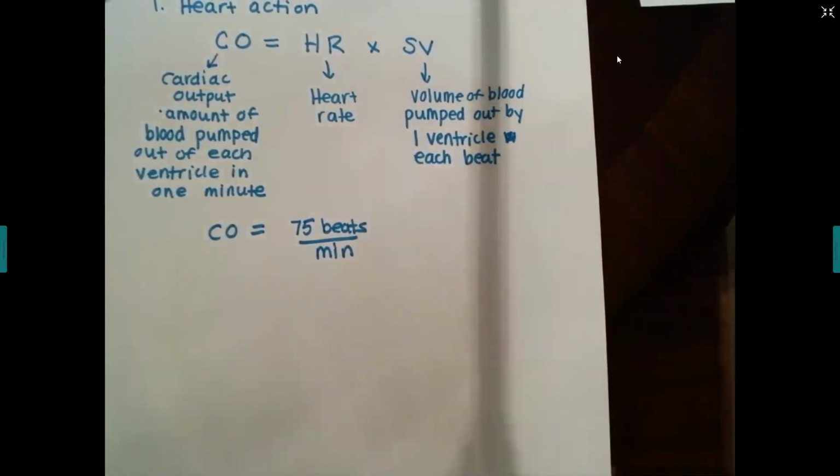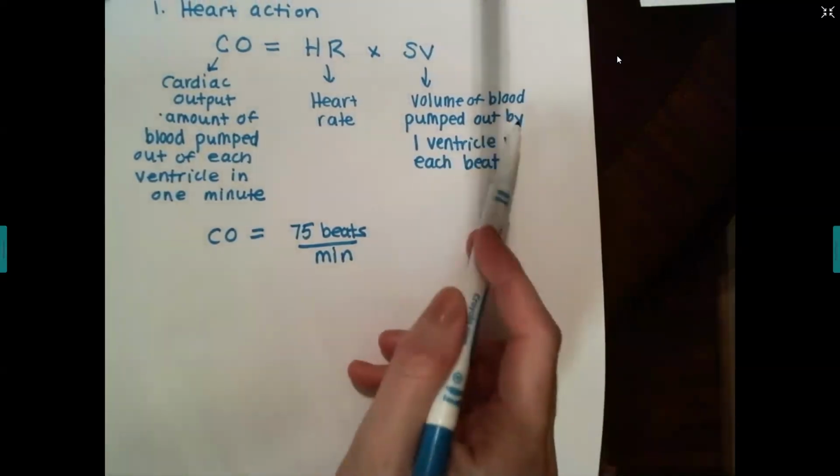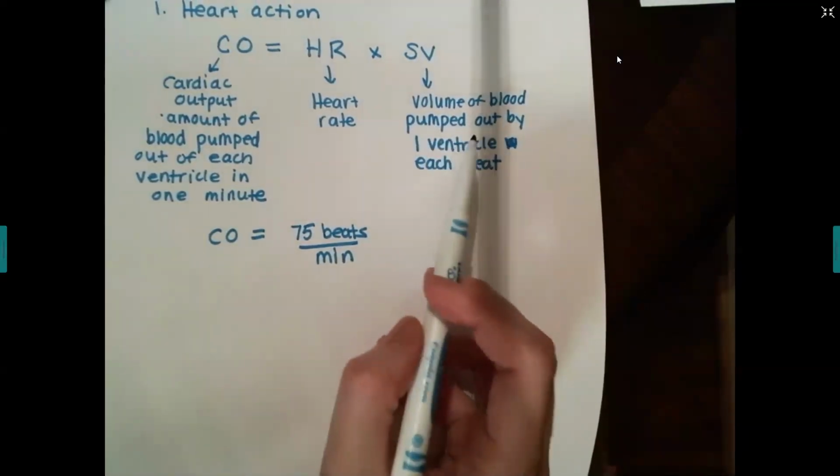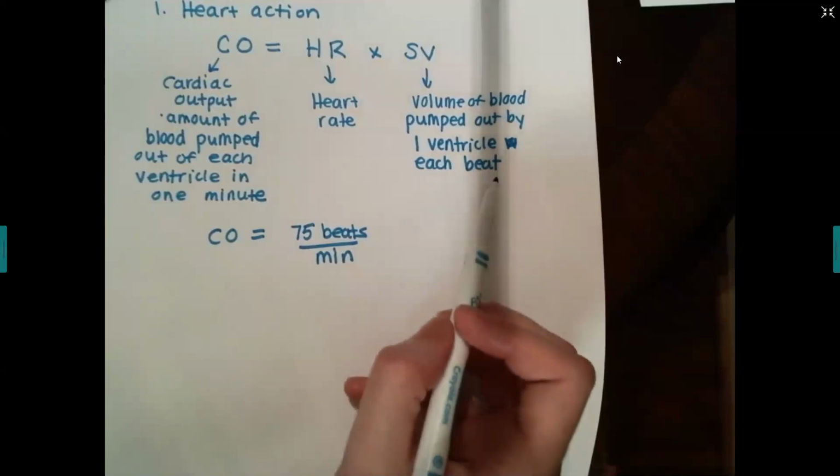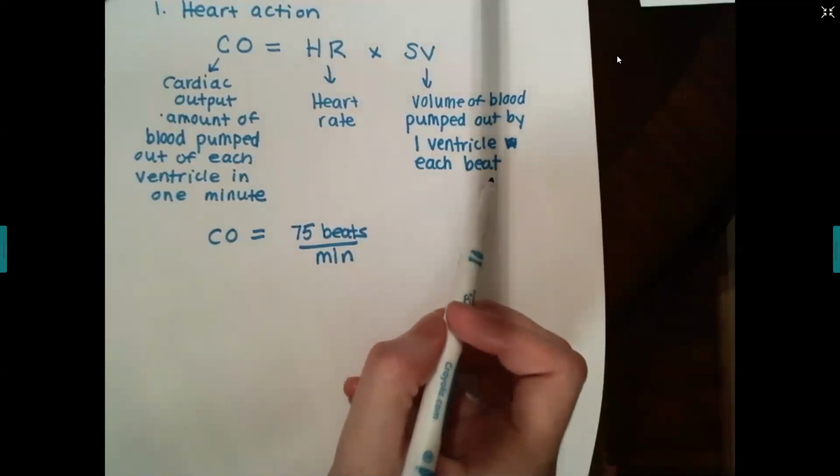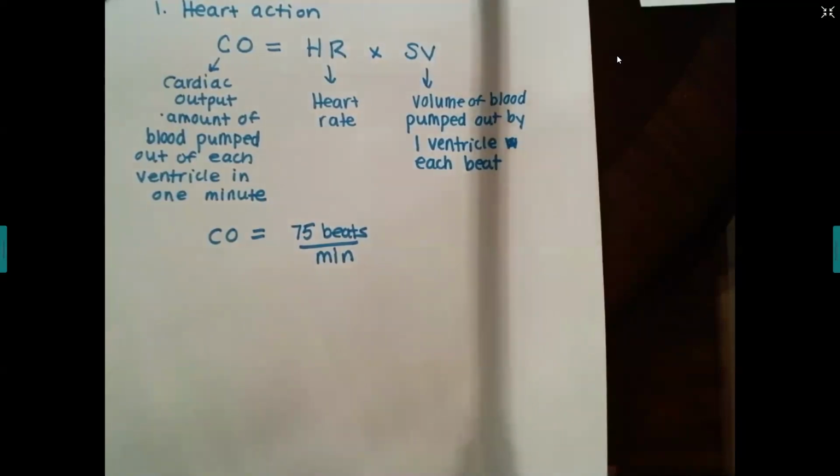Now that can change if you're sitting at your computer right now versus walking through the neighborhood or climbing the stairs. So we're just taking an average of 75 beats per minute. And the average stroke volume is the volume of blood pumped out by one ventricle each beat, not in a minute.